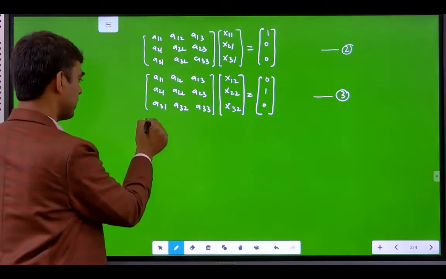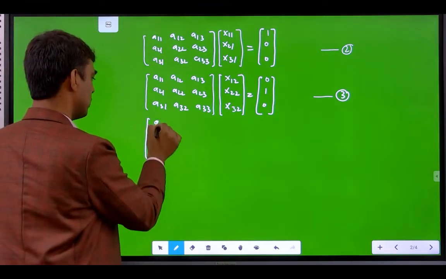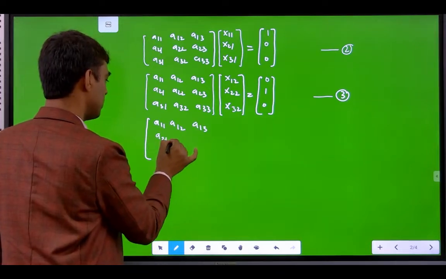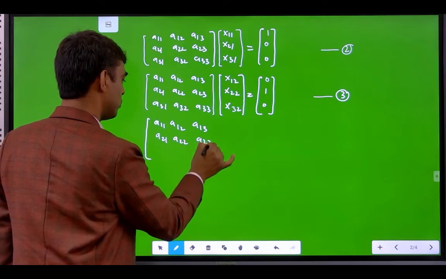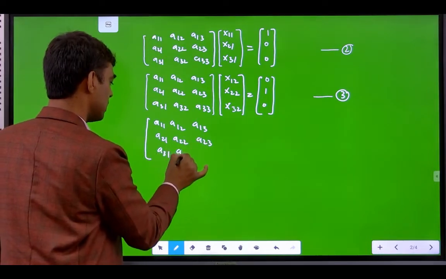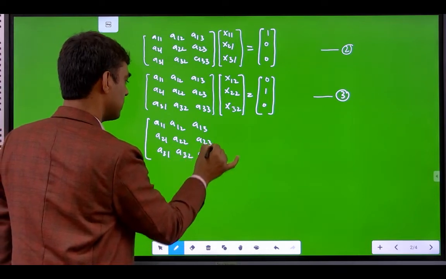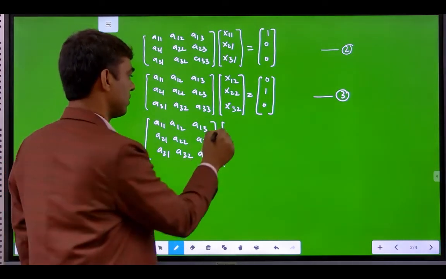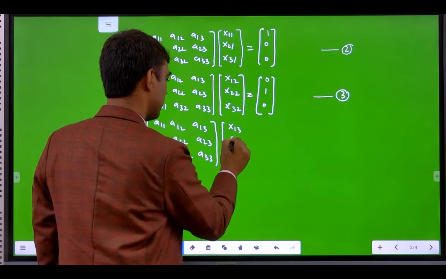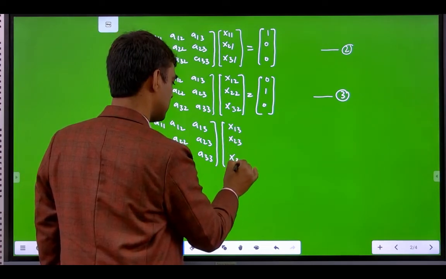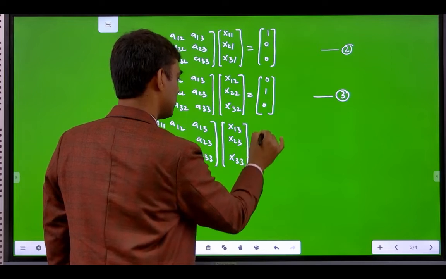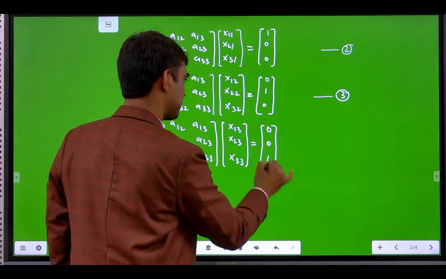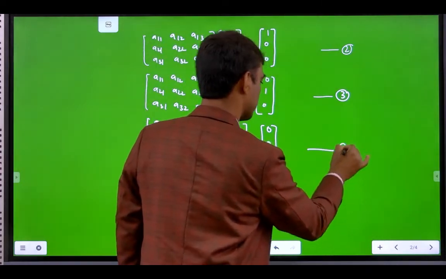Similarly, the third system is the matrix a11 to a33 multiplied by the third column of A inverse, x13, x23, x33, and the right-hand side is the third column of the unit matrix, 0, 0, 1. This is equation number 4.